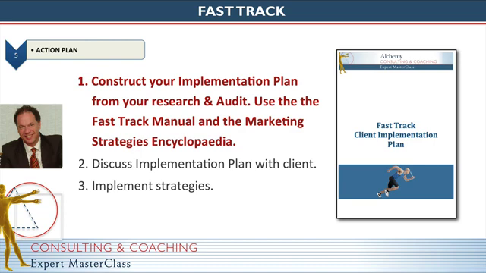Now, both of those are your reference guides. The Fast Track manual really is the step-by-step instructions you're going to use to complete the implementation or action plan. And the Marketing Strategies is where you're going to get, as the name suggests, a lot of the strategies. So let's have a look at that in a moment.